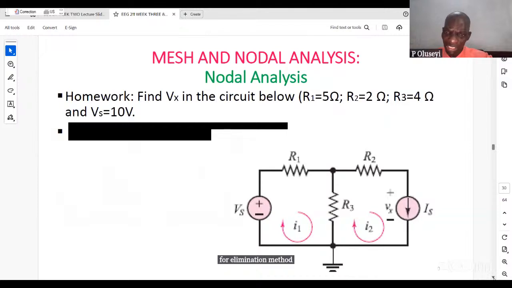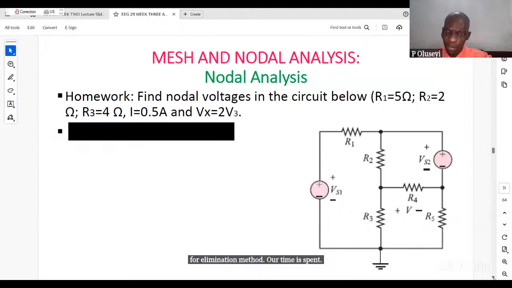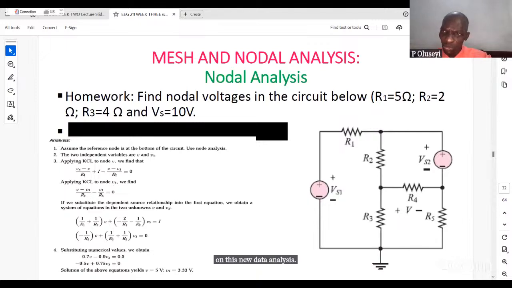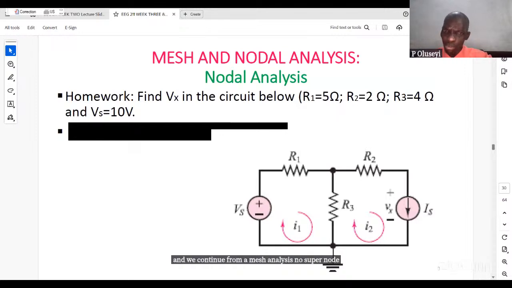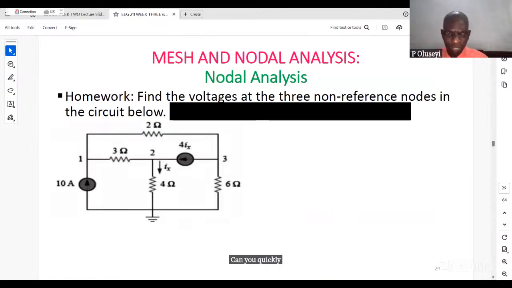Our time is spent. I think we are going to stop on this nodal analysis, and we continue from supernode. We will need to do supernode before we move to mesh analysis next week. Can you quickly draw these diagrams?